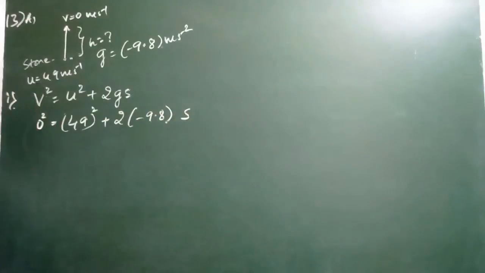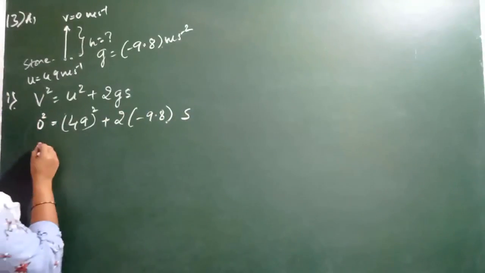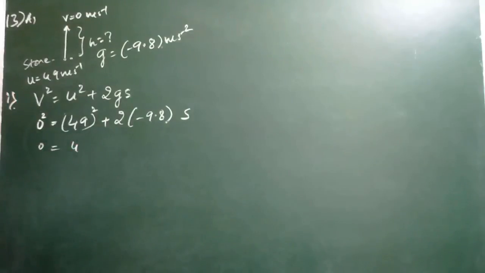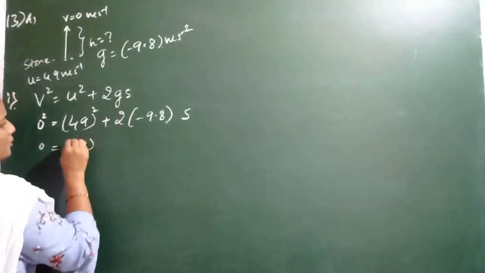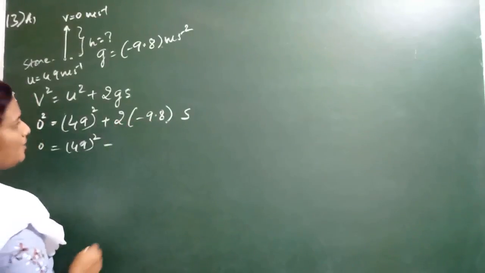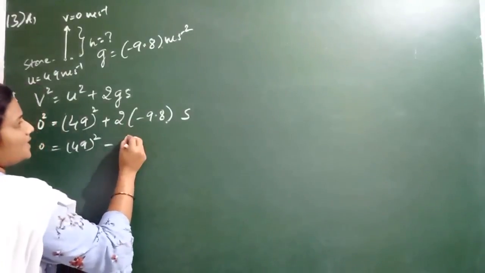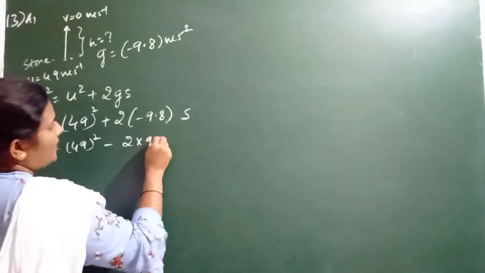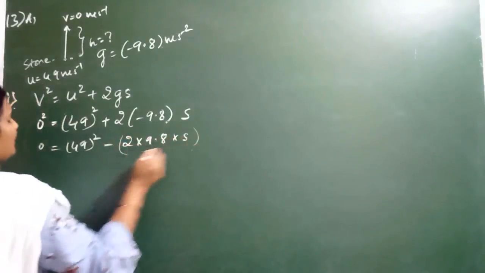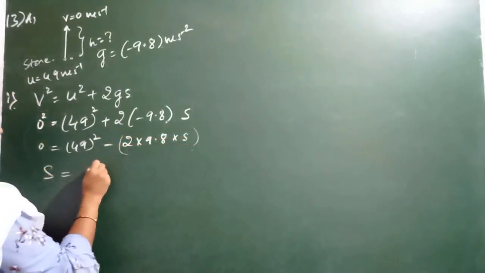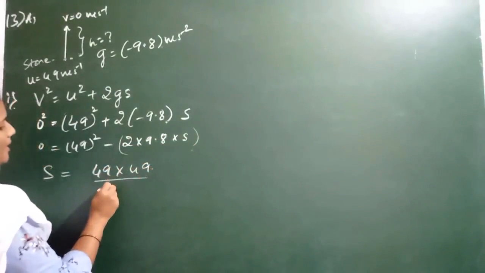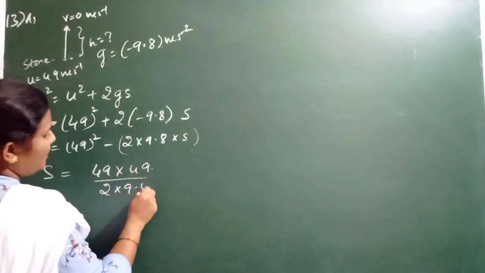The height is what we are going to calculate now, so keep S as it is. 0 is equal to 49 into 49, or 49 whole square, minus 2 into 9.8 into S. If this goes to this side, the sign will be changed. So, S is equal to 49 into 49 divided by 2 into 9.8.